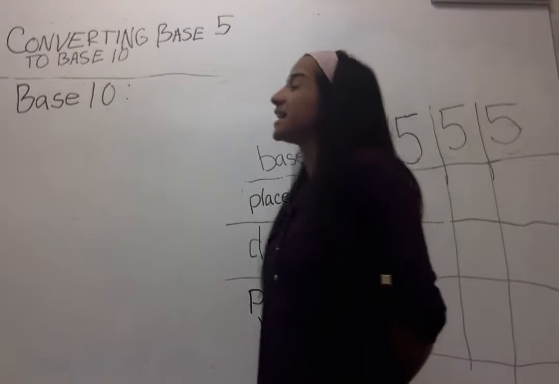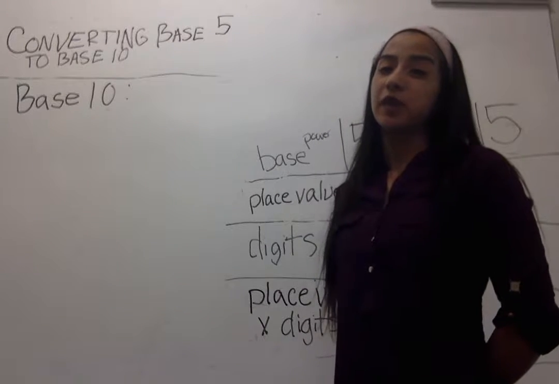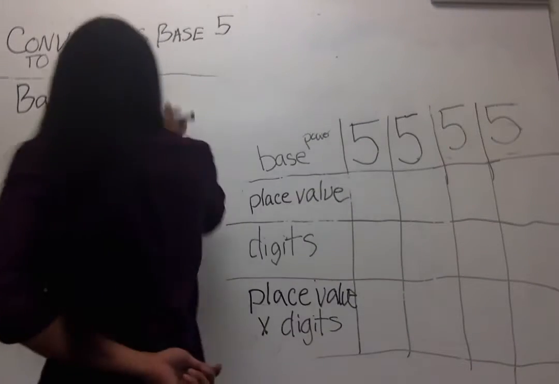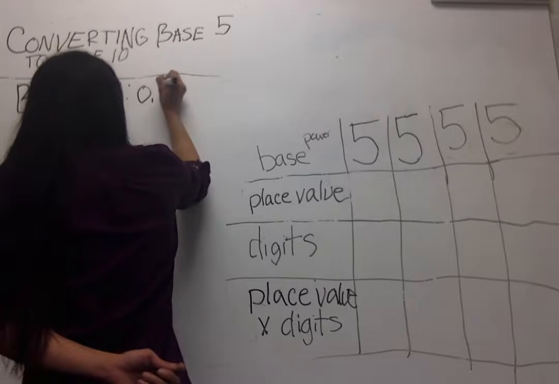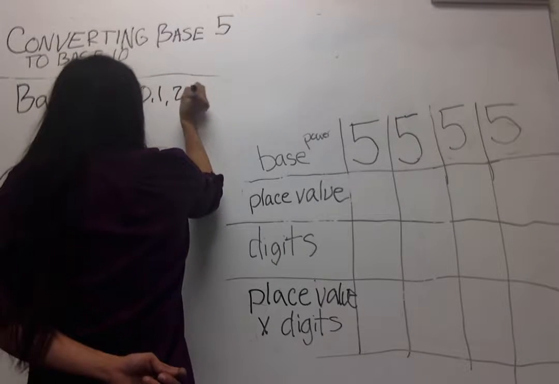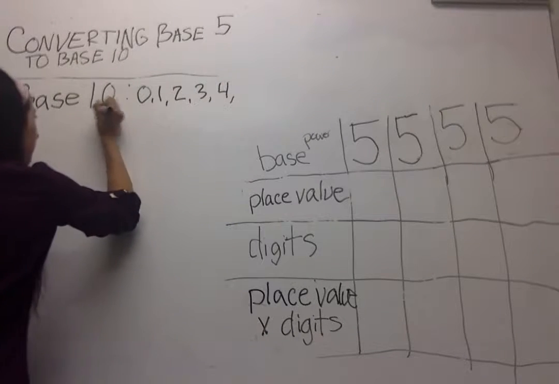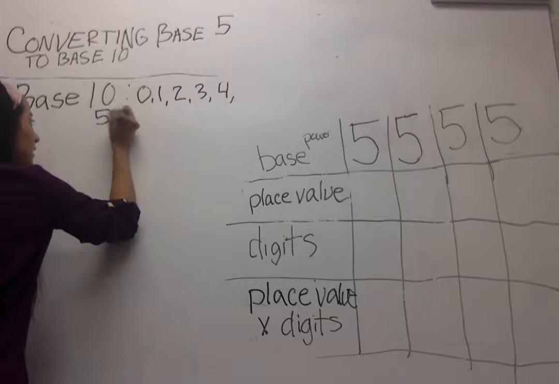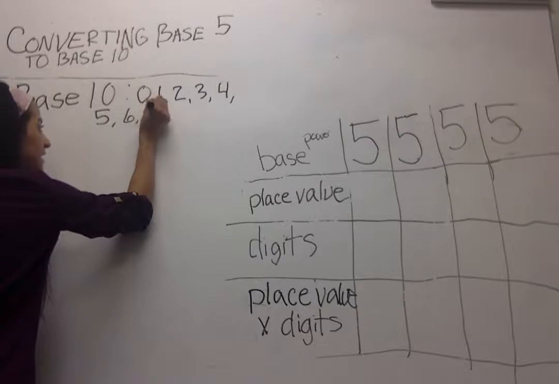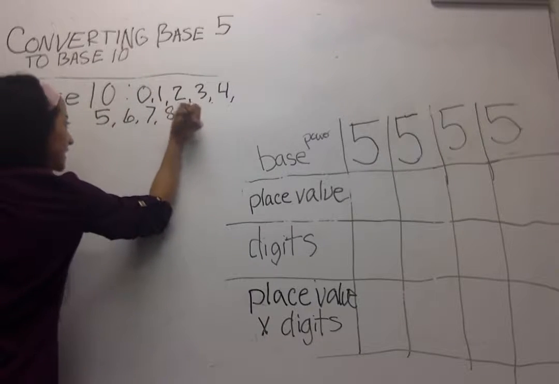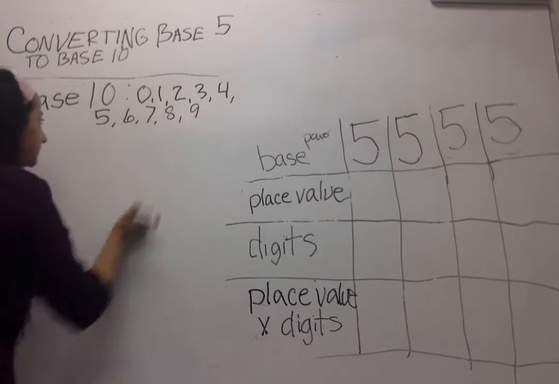It has 10 digits from 0 to 9. So 0, 1, 2, 3, 4, 5, 6, 7, 8, and 9.